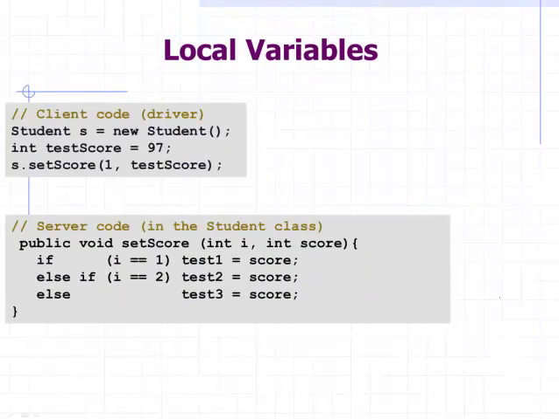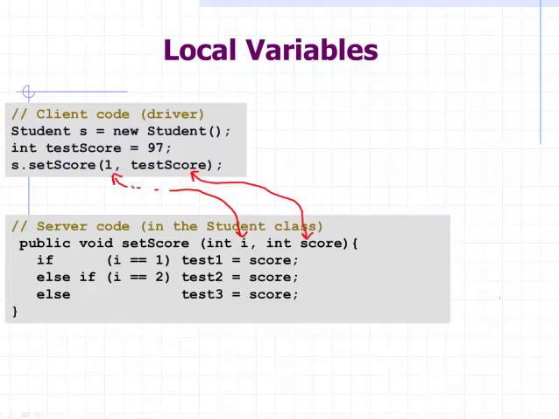And let's draw some diagrams now. We're going to go back to the code that we used when we talked about methods. But remember that this was an illustration that I gave a 1, and that was passed down and used inside the method. It was called I, and test score was the second parameter. Here's what happens.